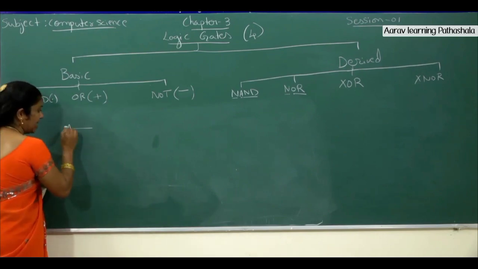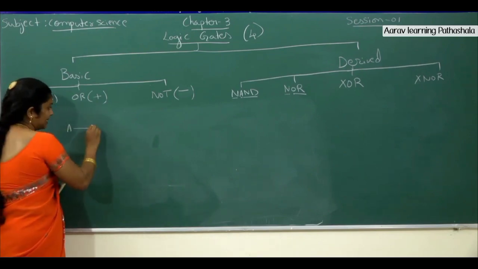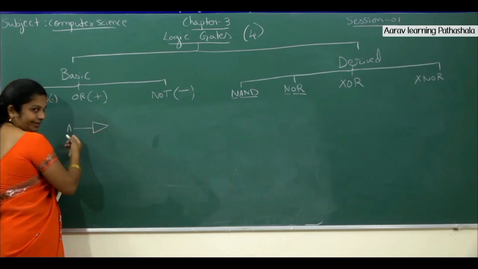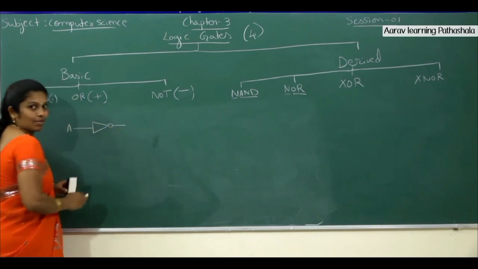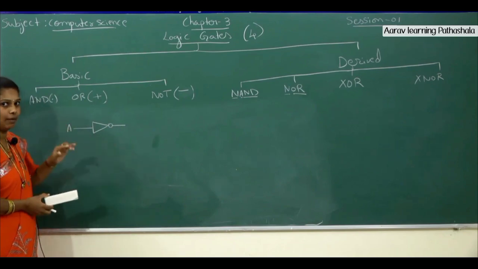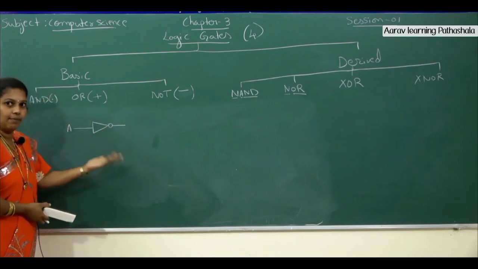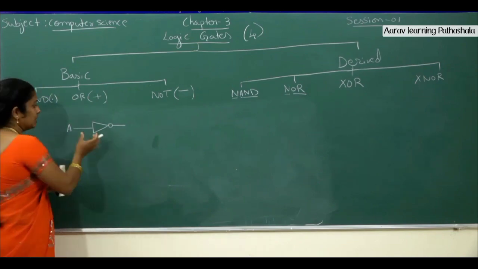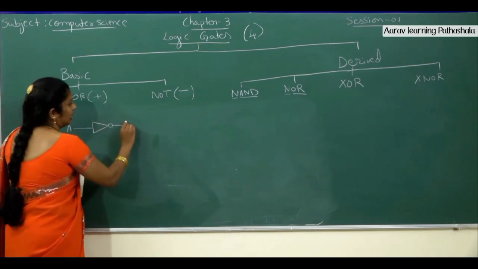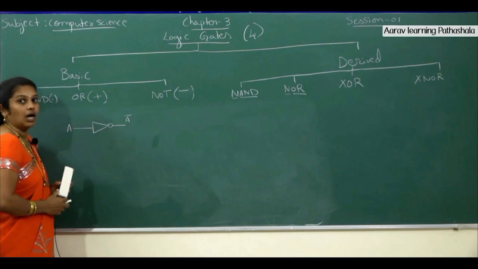For example, if A is the input, to represent the symbol, first you have to write one triangle, at the end you have to write one circle, then one line. This is the symbol for one variable. If you have 2 variables, you have to convert it to one variable, then only you can process it. If A is the input, then A bar becomes the output.